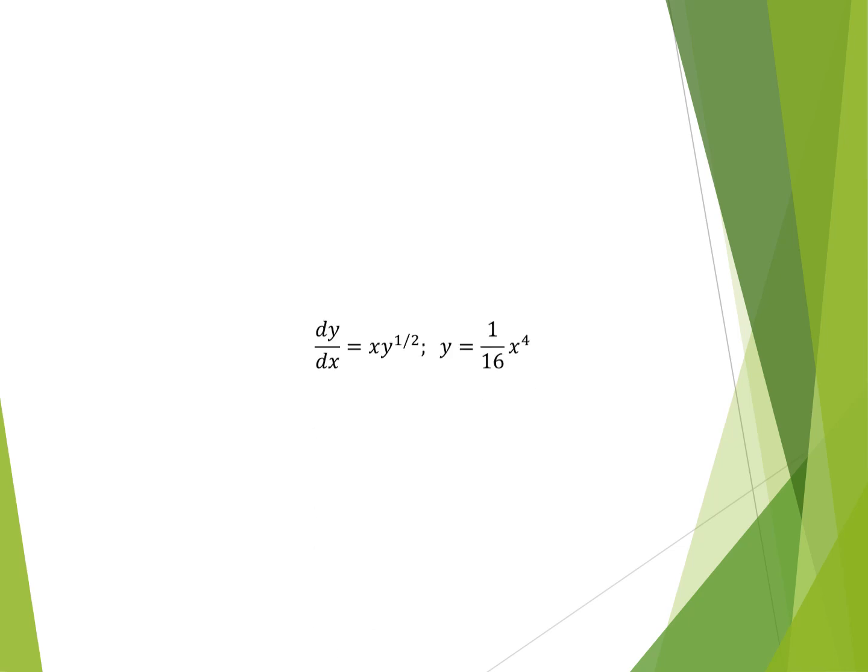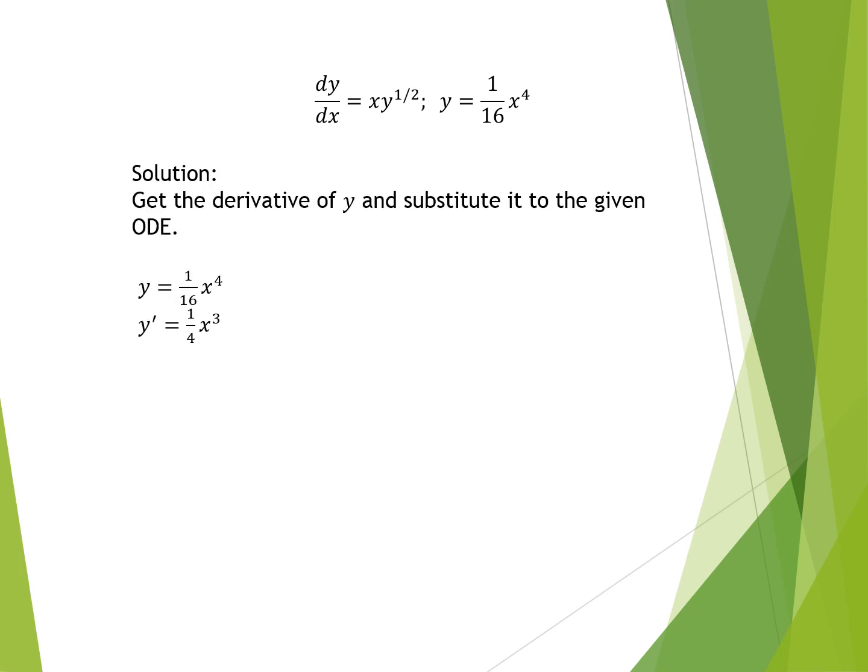Next, let's verify if y equals 1 over 16 x to the fourth is a solution of this. There's no arbitrary constant, so is this actually a solution? Let's see if it satisfies this differential equation. So get the derivative of y. The y is 1 over 16 x to the 4th.